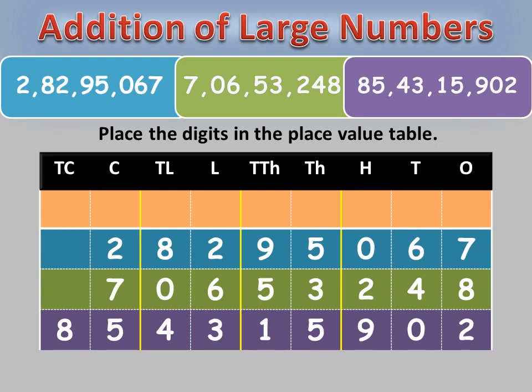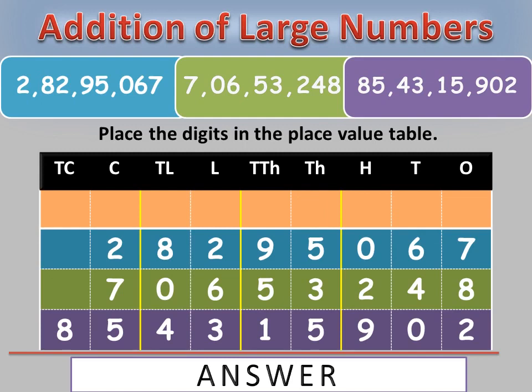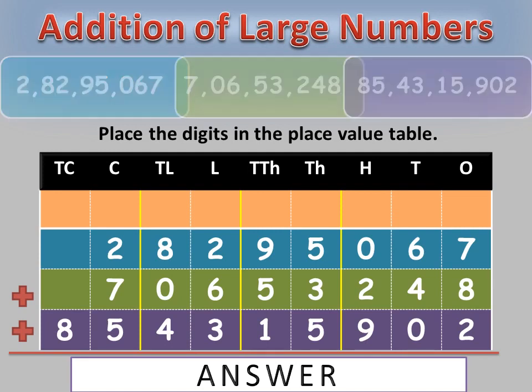2 crore 82 lakh 95,067, 7 crore 6 lakh 53,248 and 85 crore 43 lakh 15,902. Now we draw a line so our answer can go below it, and we write a plus sign on the left to show that we are adding.